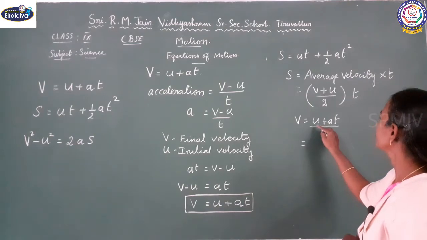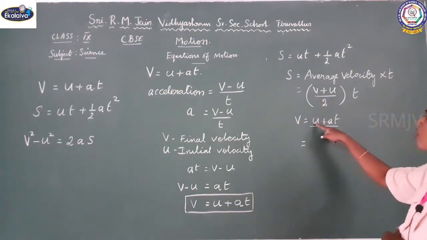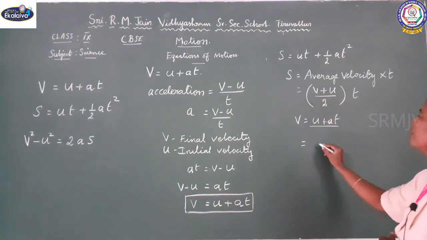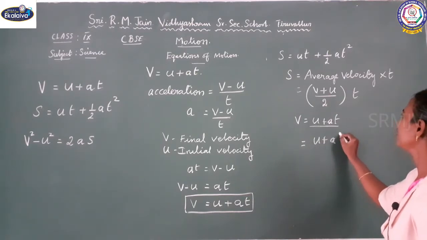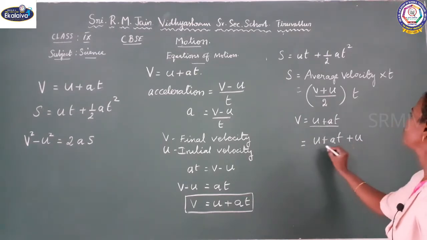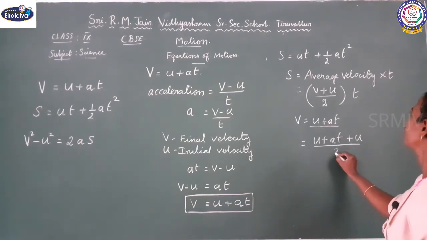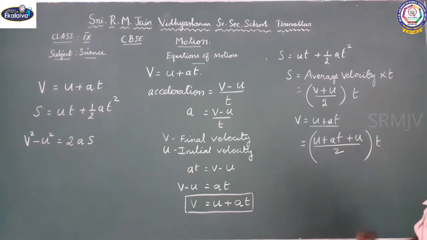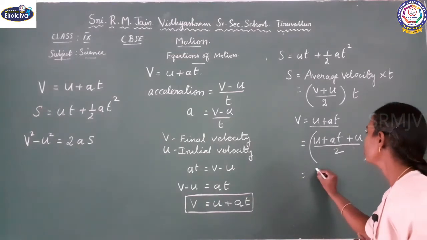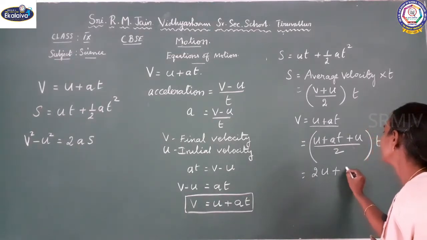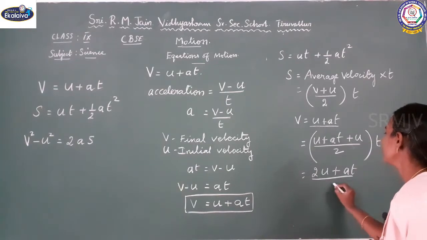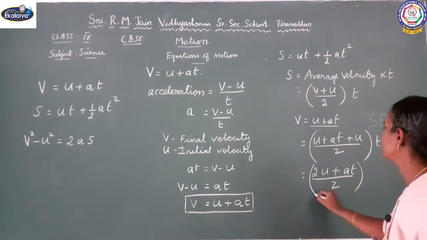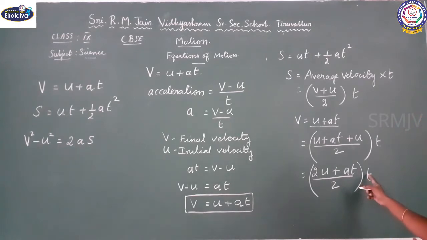So u plus at plus u divided by 2 into t. Is it clear? Next, u plus u is 2u. So you have to write 2u plus at divided by 2 into t. You have to multiply by t.